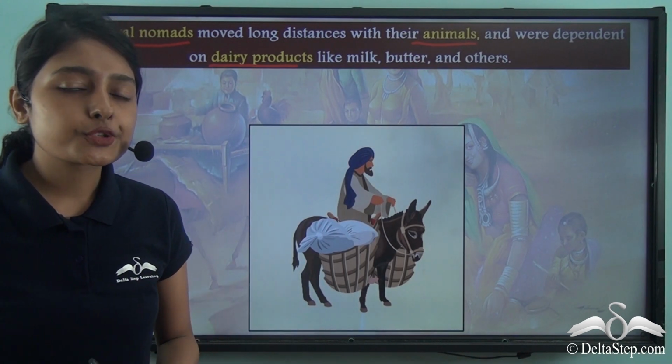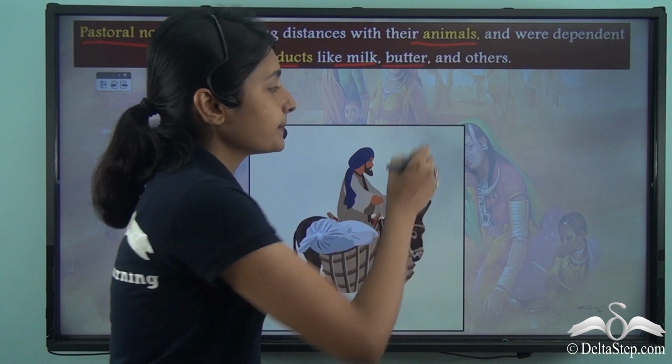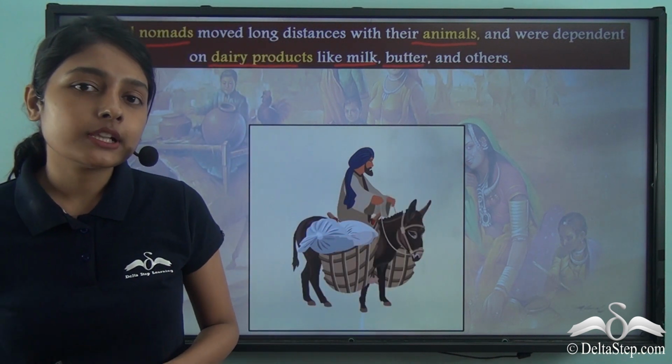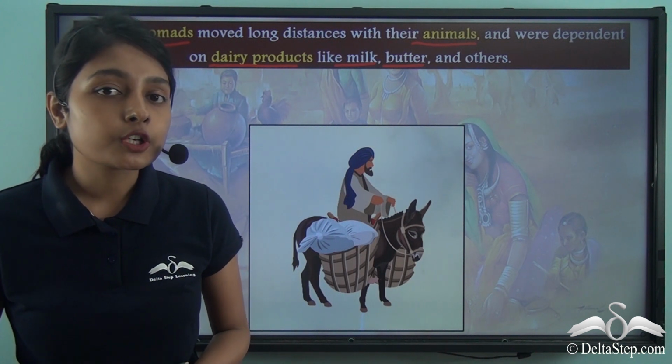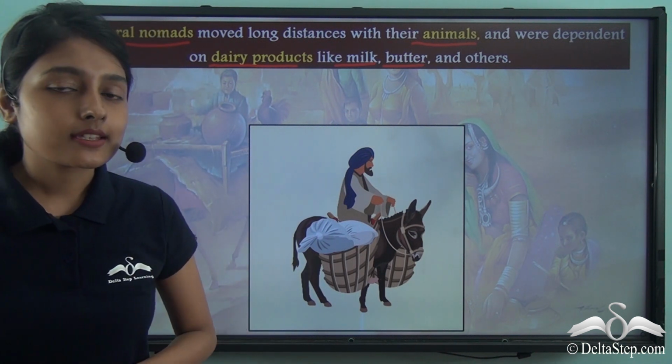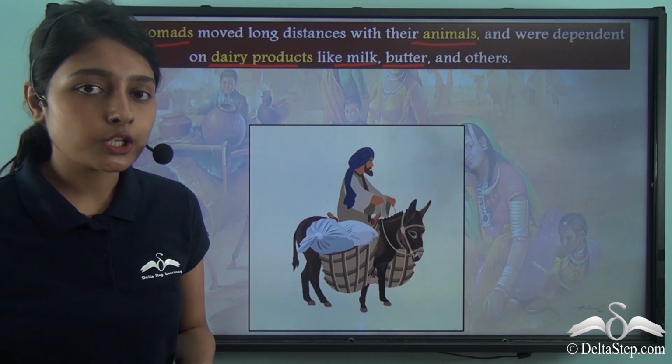These animals used to provide dairy products like milk and butter. And because these people used to depend upon these animals, they were known as the pastoral nomads. So let us now find out a few more details about the lives of these pastoral nomads.